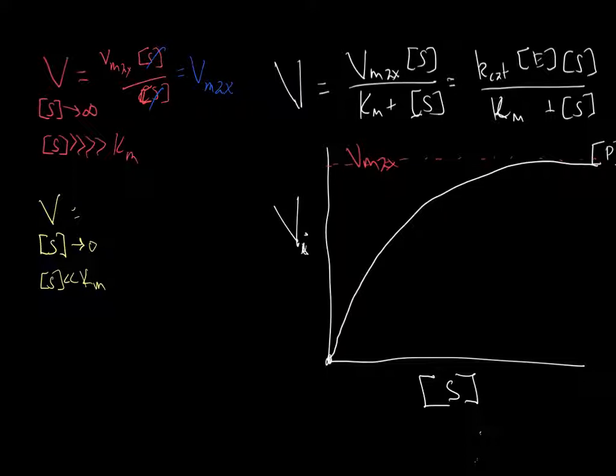What I'm saying is, I'm just going to make this number up, what if Km is 1,000,000, but S right here is like 1? That's essentially the same thing as 1,000,000. 1,000,001 versus 1,000,000. So S is so tiny, it doesn't really matter. So then the answer to that limit would be V. So now I'm back up here. V is equal to, we still have Vmax, we still have S, but now on the bottom we only have Km.